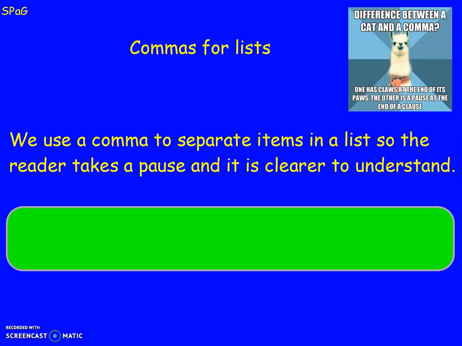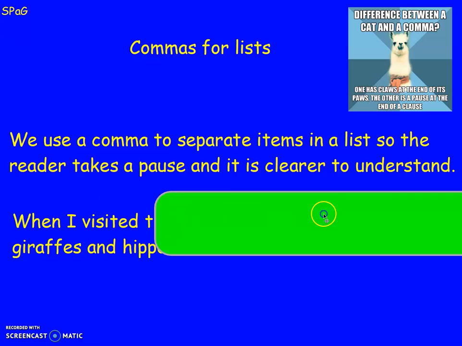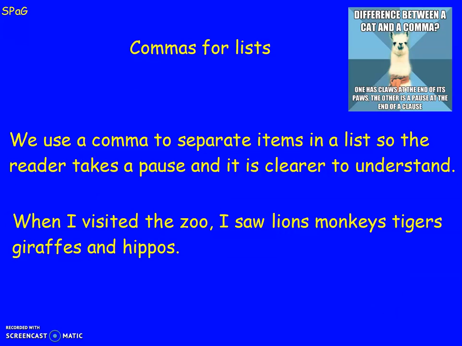Okay, so this morning we're going to be looking at using commas for lists, something that you are all familiar with. Okay, so we use commas to separate items in a list so that the reader takes a pause and it makes the sentence clearer to understand. Let's read this sentence.